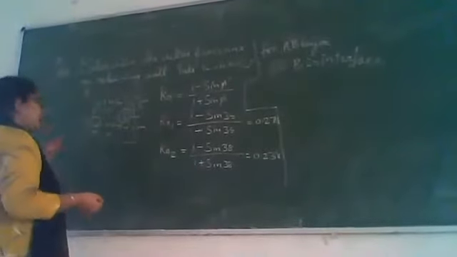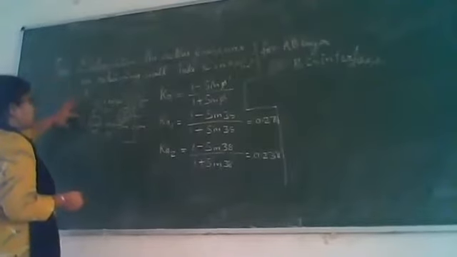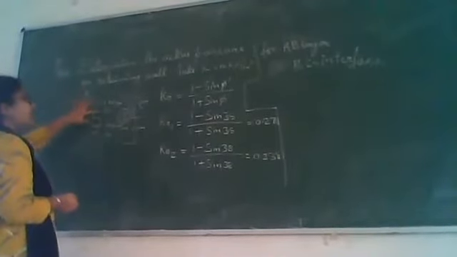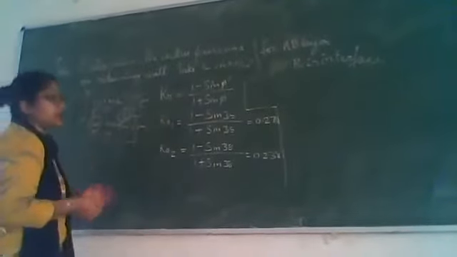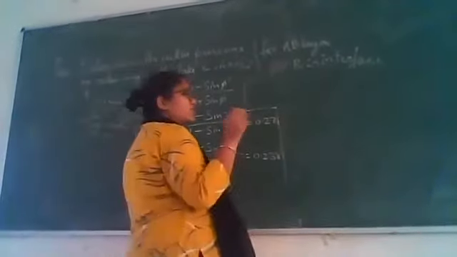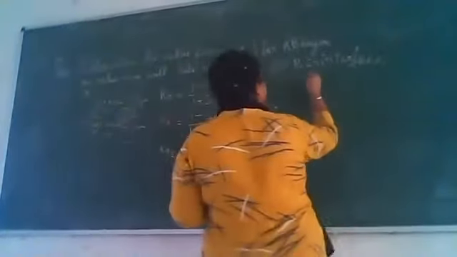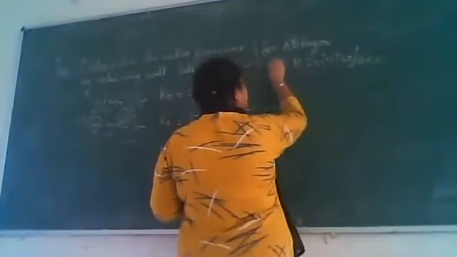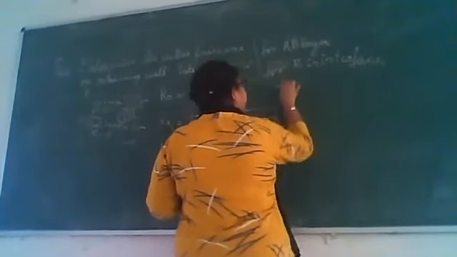The soils have different properties. The upper soil has phi dash value of 35 degrees, and the lower soil has phi dash value of 38 degrees. So we have to calculate for both. Firstly, for the B interface upper layer.